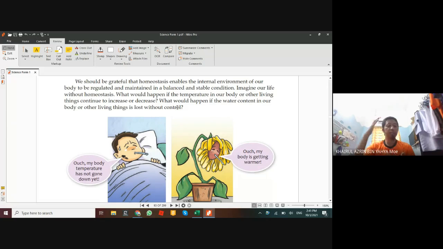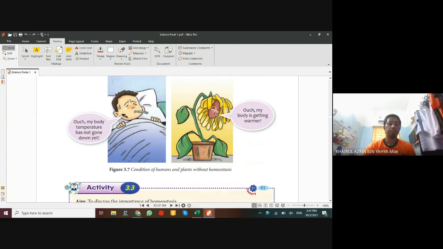And if the fever is too high, we could die. So, like this boy, my body temperature has not gone down yet, demam, fever. Ouch, my body is getting warmer. And lastly, this flower will die.